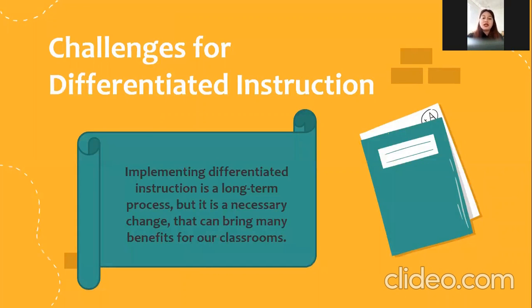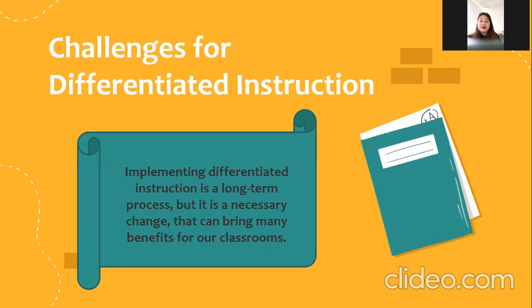Here we have some challenges for differentiated instruction. The first one is that it requires more planning. Some teachers argue that with all the work done in the classroom, it's difficult to plan differentiated lessons or materials. Hence, they decide to teach the same thing for everyone.